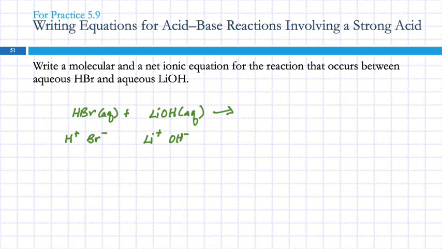And then if we swap partners, remembering we have to have a positive with a negative, positive and negative, positive and negative. And we go over here. We always write the positive one first. So we could have Li plus with Br minus, and we could have H plus with OH minus.